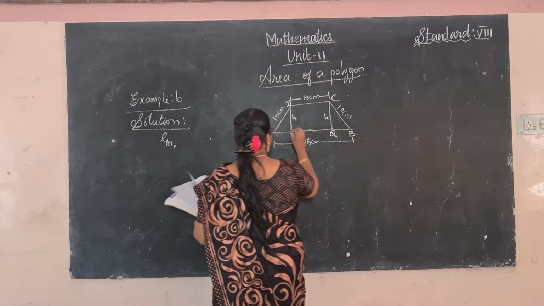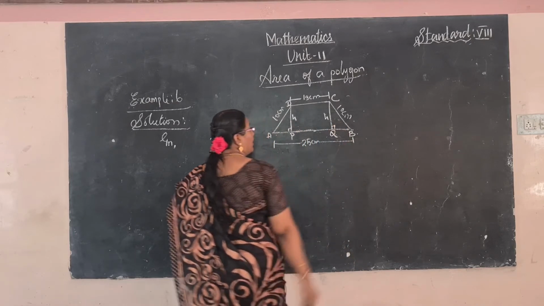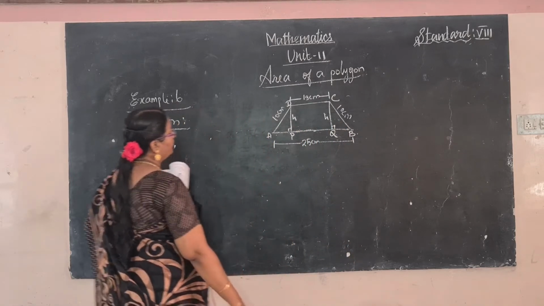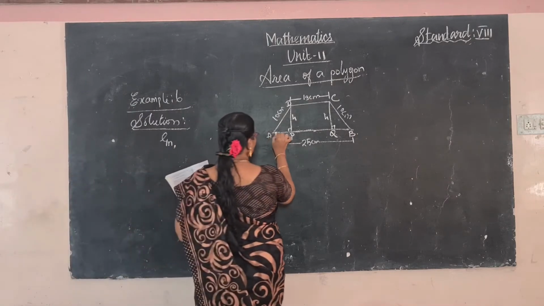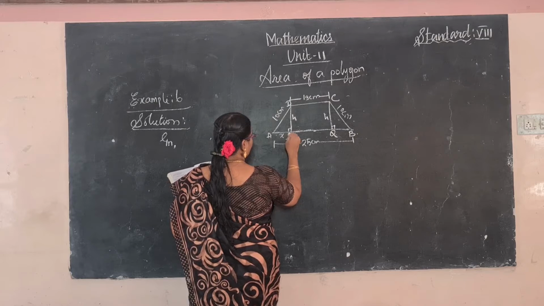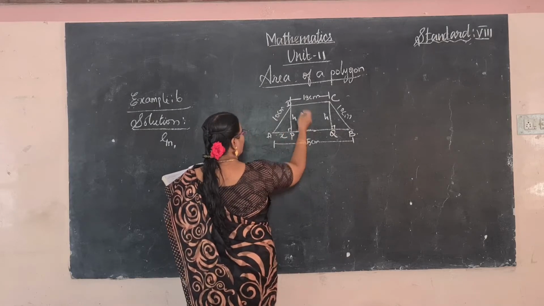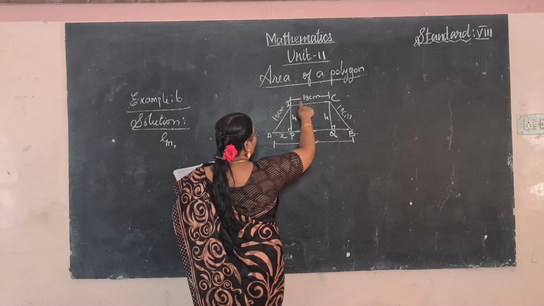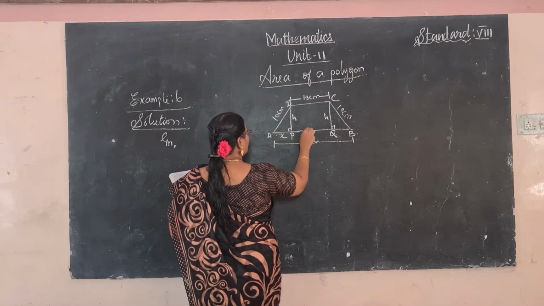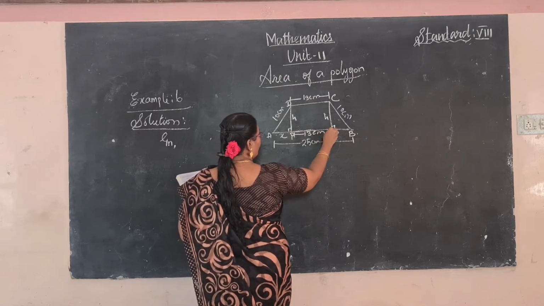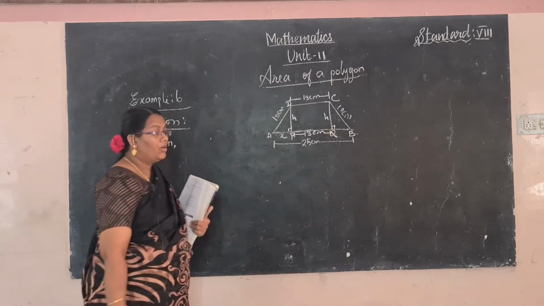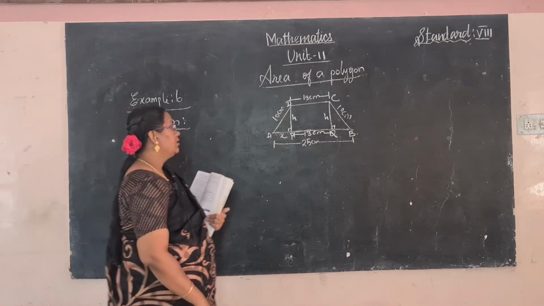It's 90 degrees, a right angle triangle. Now the distance we have considered be X. These are parallel, so if this one is 13 centimeter, here also 13 centimeter.